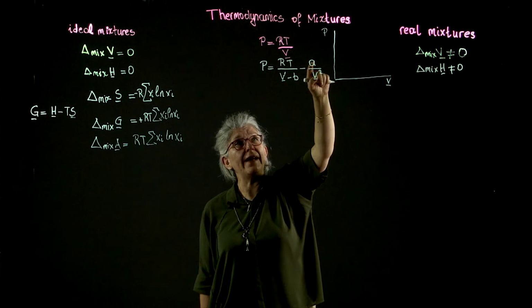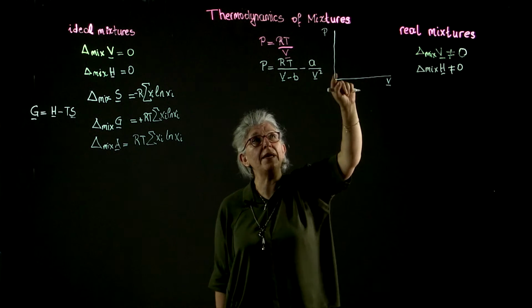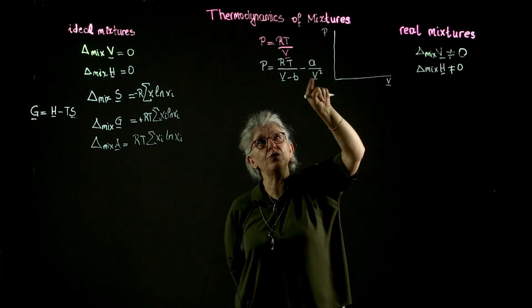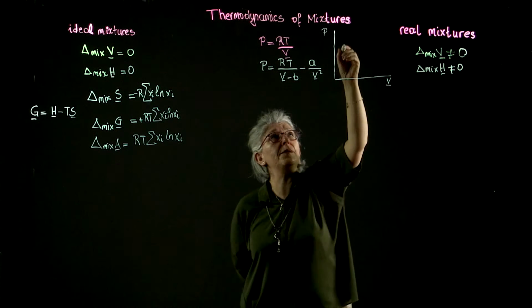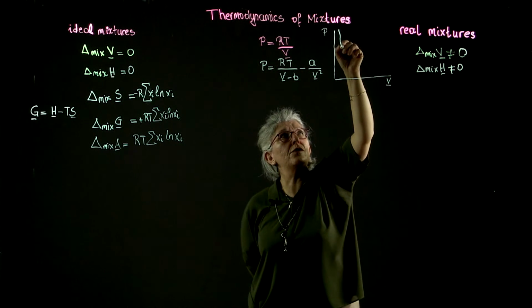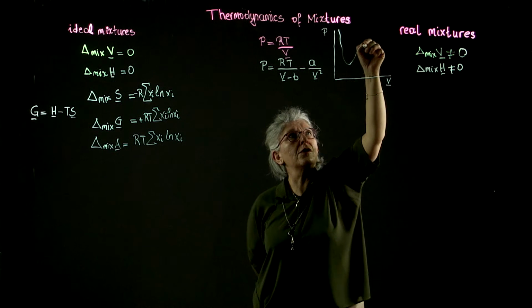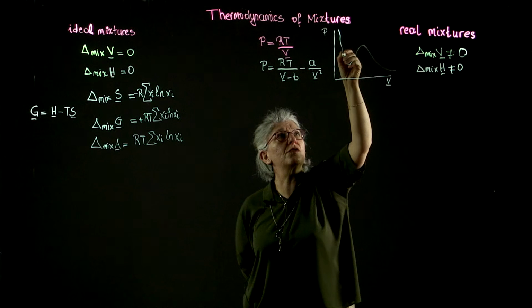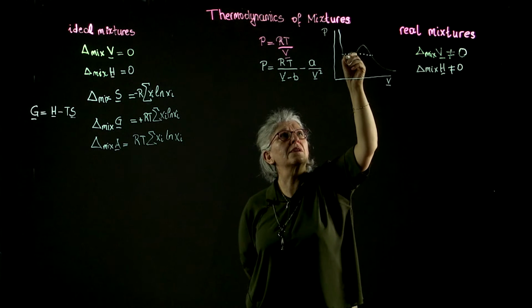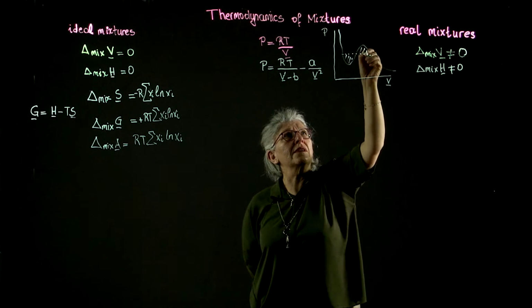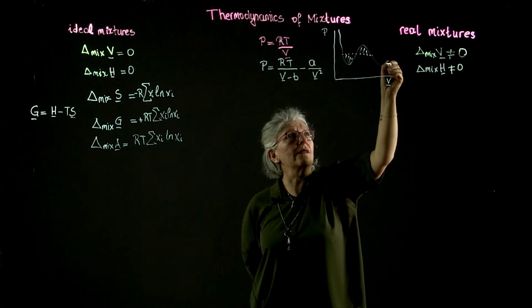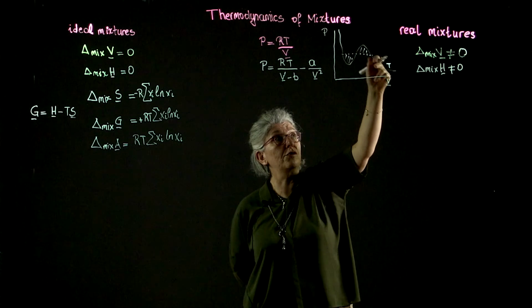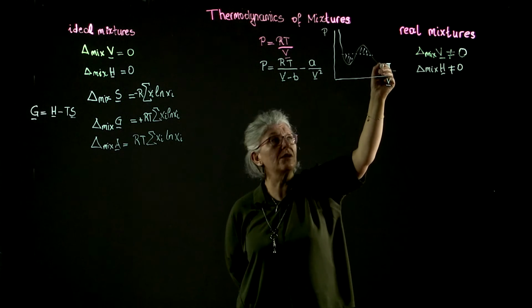If I have accurate values for A and B, this equation, if I substitute values for V, is going to give me an S-shaped curve for PV behavior. Of course, this is an isotherm. I'm able to draw this line for a constant temperature.